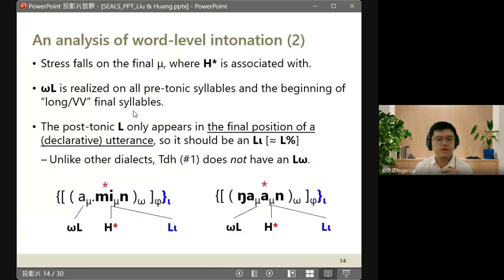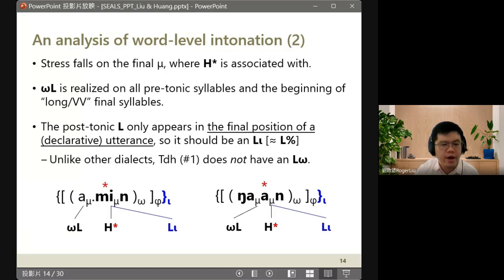We may say that stress could fall on the final mora, where this H star is associated. And the pretonic low tone can be explained as a default low tone or a left-aligned word boundary low tone, which is realized on all pretonic syllables and at the beginning of the long or double V final syllables.